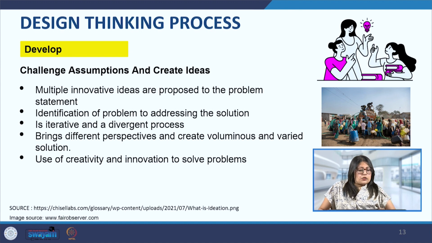So in this phase, the identification of the problem to address the solution is linking identified problems to potential solutions. We have come up with some problems that we have identified, and now we have to connect them with the possible solutions.